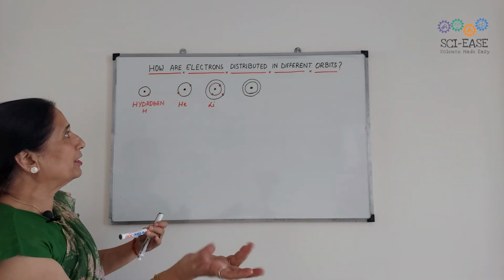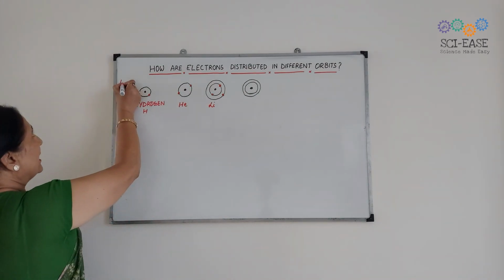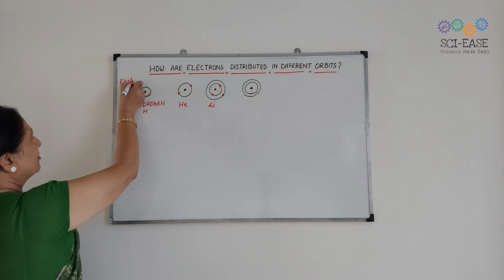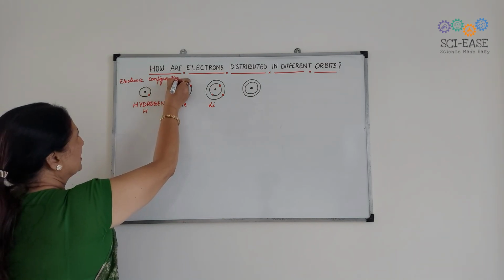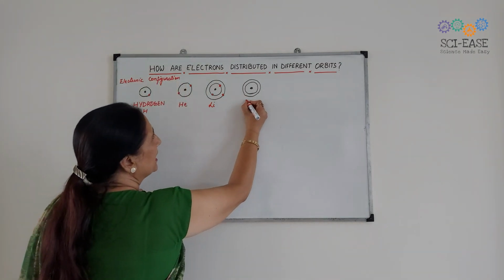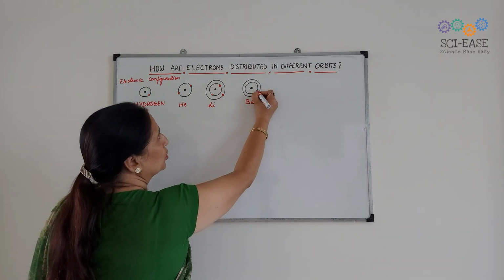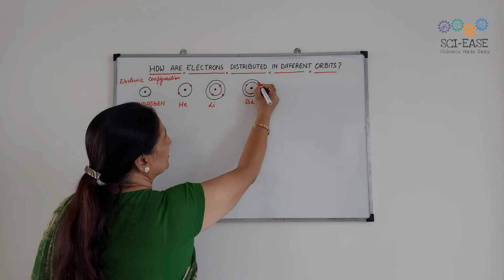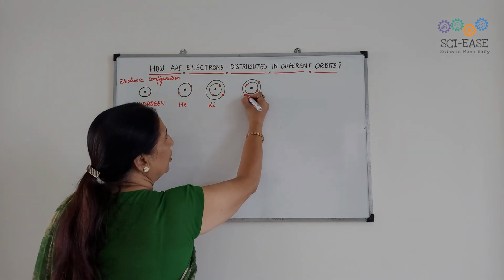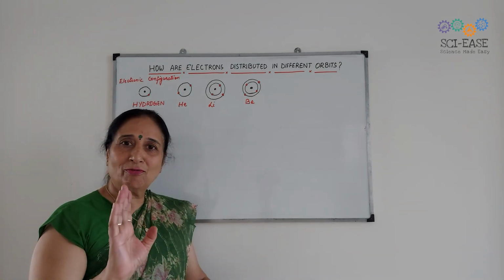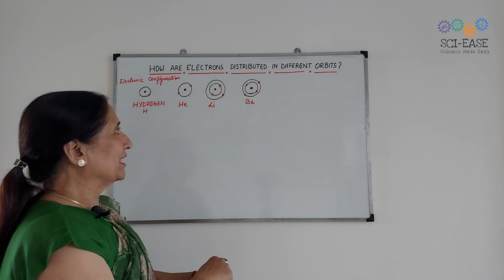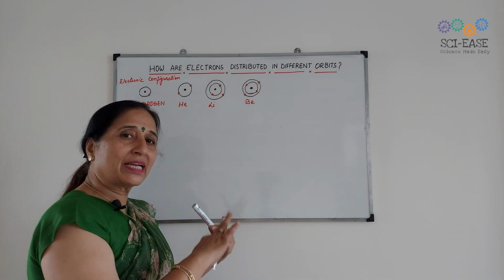For beryllium, the electronic configuration is 2, 2 in the orbits or energy levels. First shell 2, second shell 2.